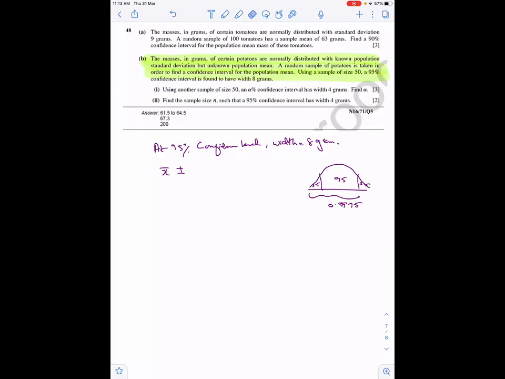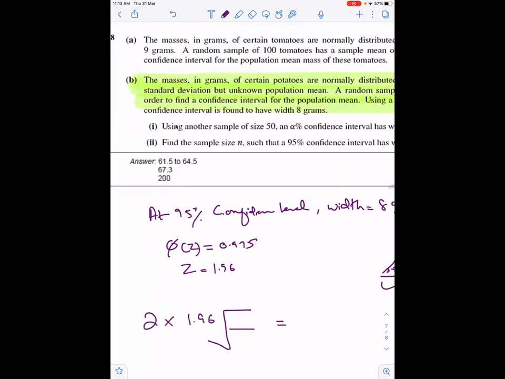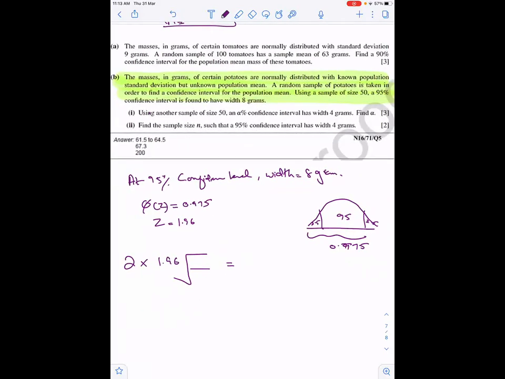You can even just write after this, phi of Z equals 0.975. So Z equals 1.96. So the formula for width is 2 times Z, which is 1.96, times the standard deviation upon square root of n.